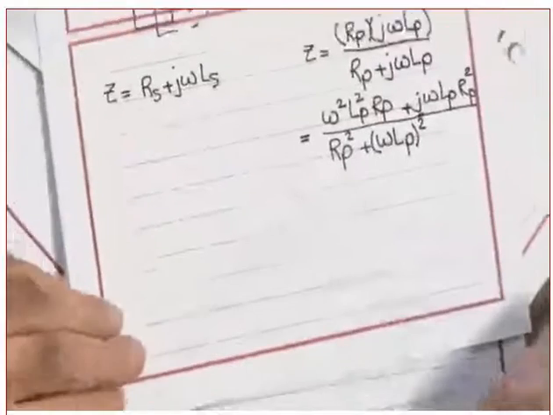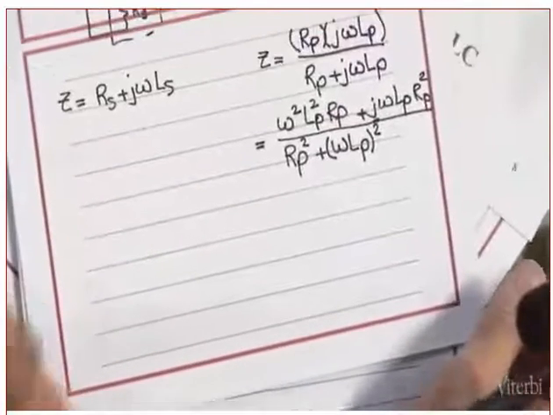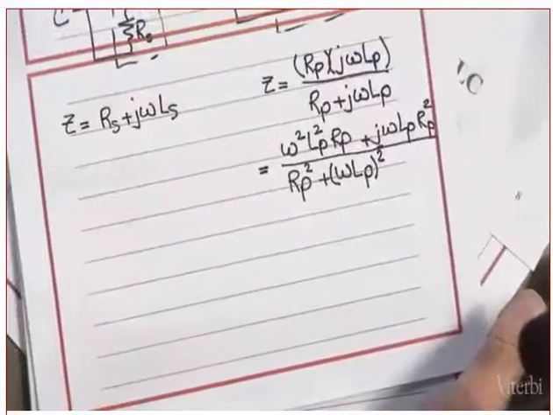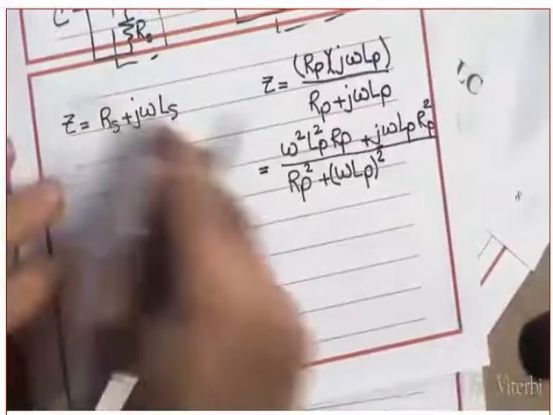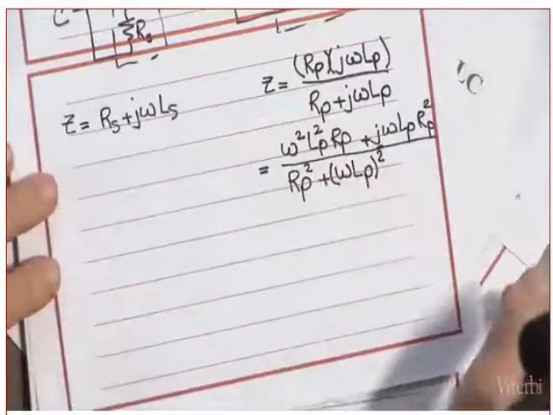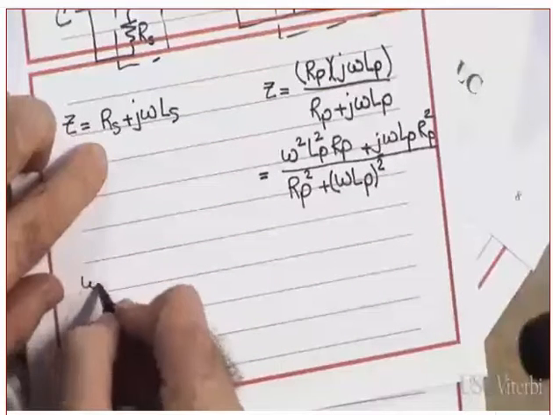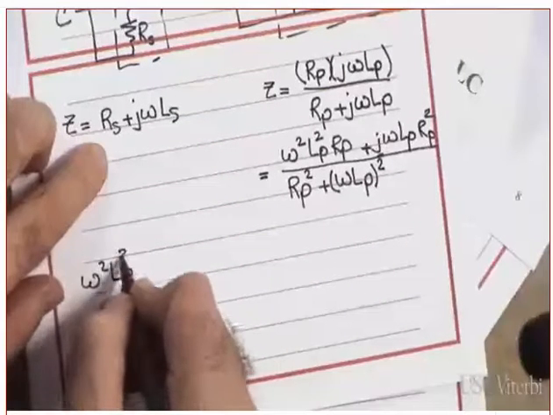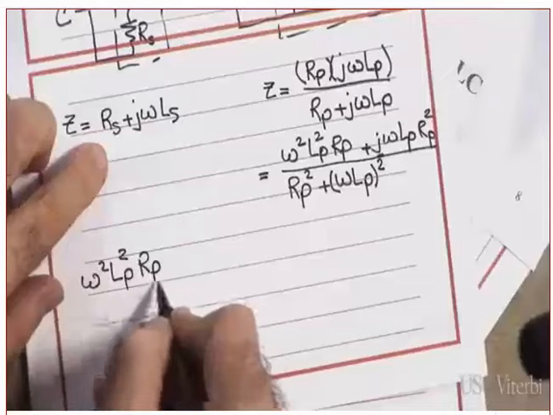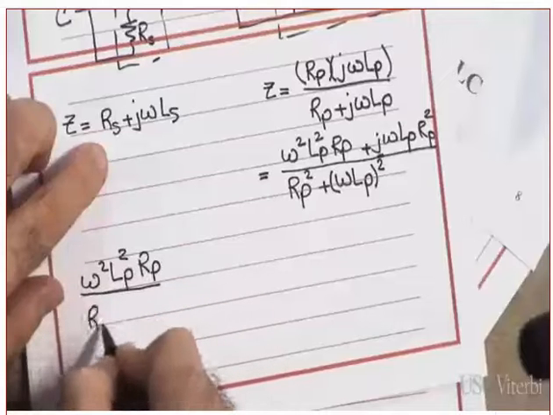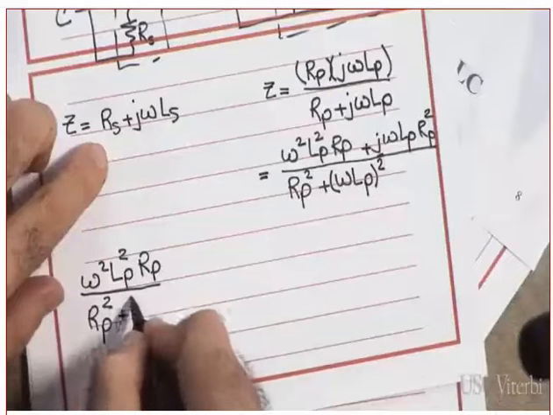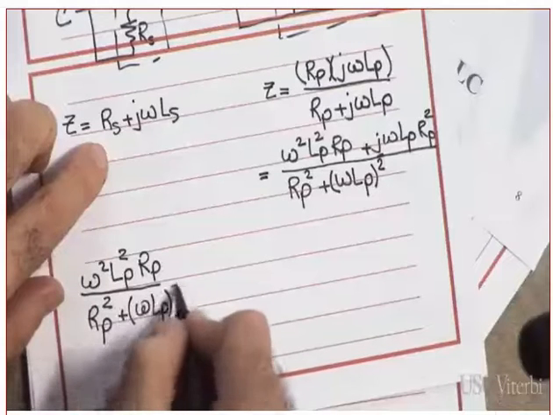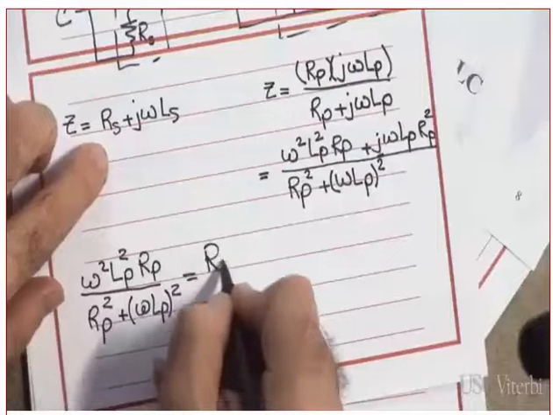By the way, how many unknowns do I have? 2 unknowns. How many equations do I have? 2 equations. What 2 equations? The real part and the imaginary part. So what do I say? I say omega square LP square RP over RP square plus omega LP square is equal to RS.